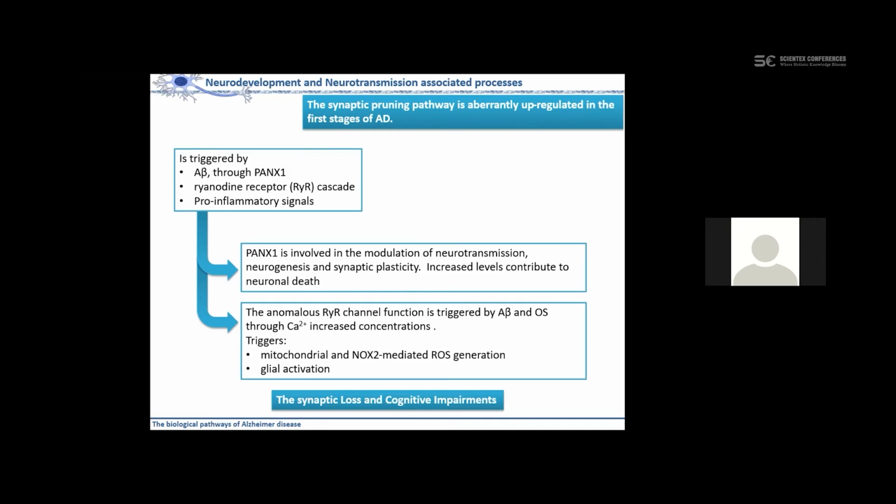For example, PAX1 is involved in the modulation of neurotransmission, neurogenesis, and synaptic plasticity, and the increased level contributes to neuronal death. Regarding neurotransmission, several reports have indicated a significant reduction of serotonin, acetylcholine, dopamine, and norepinephrine levels, as well as the receptors in AD brain.